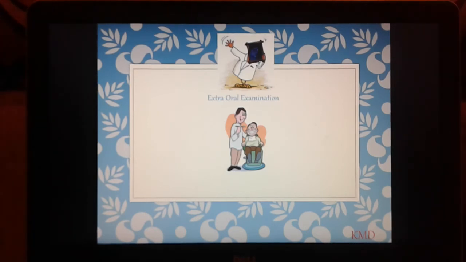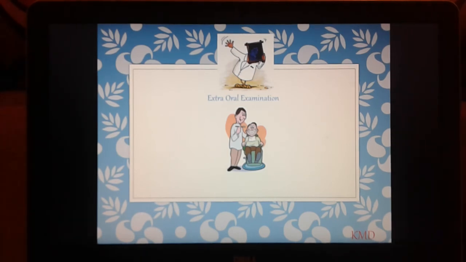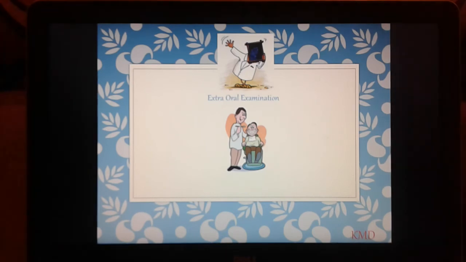The extraoral examination also involves the examination of the skin for the appearance of any rashes, sores, or any itching, and whether there are any differences in the color. For example, in anemic patients the skin is pale, and sometimes yellow in the case of patients with jaundice.